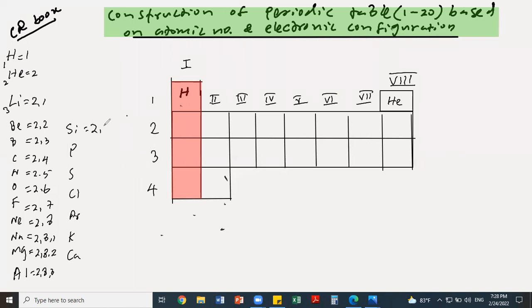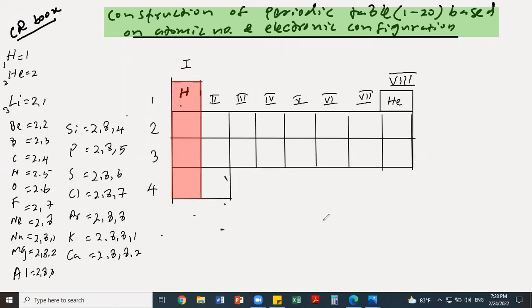Silicon is 2, 8, 4, phosphorus 2, 8, 5, sulfur 2, 8, 6, chlorine 2, 8, 7, argon 2, 8, 8. Then the 19th one is potassium, 2, 8, 8, 1, and calcium 2, 8, 8, 2.